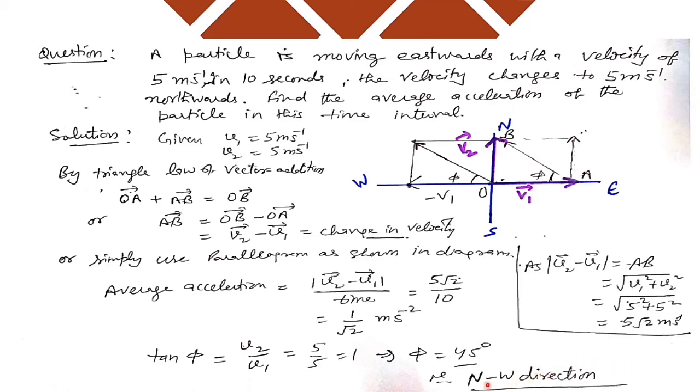This I am getting in the north to west direction. This angle I am getting is 45 degrees, between north and west, just in the center, because this total angle is 90 degrees. You are all aware of this thing. So you should be able to do simple questions based on this; you have to understand the question, whether you have to use addition or subtraction of vectors.